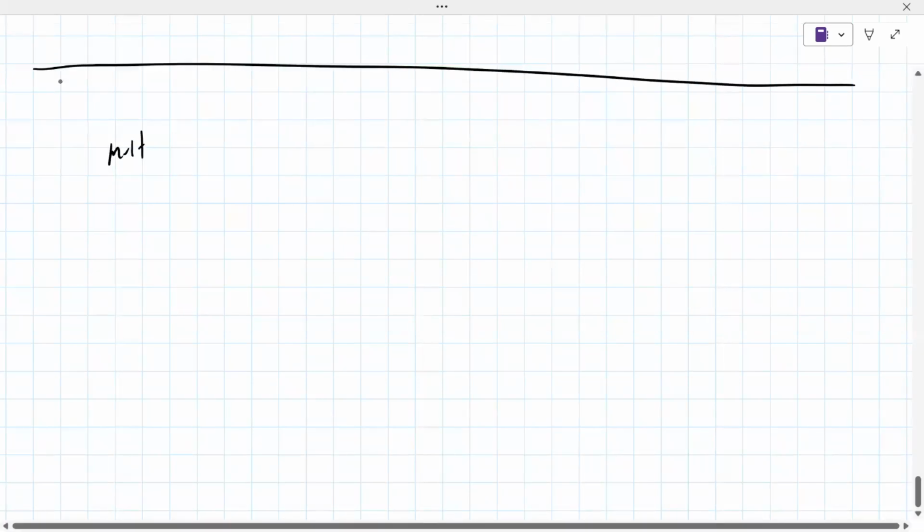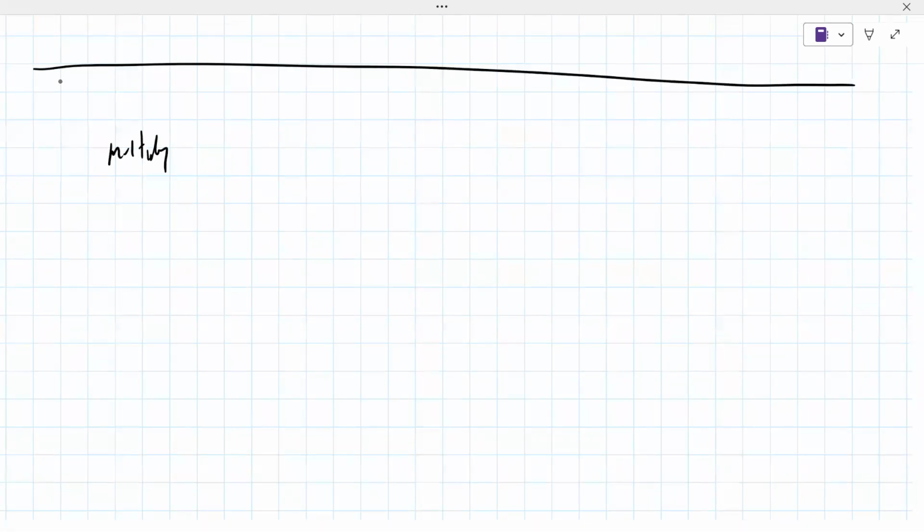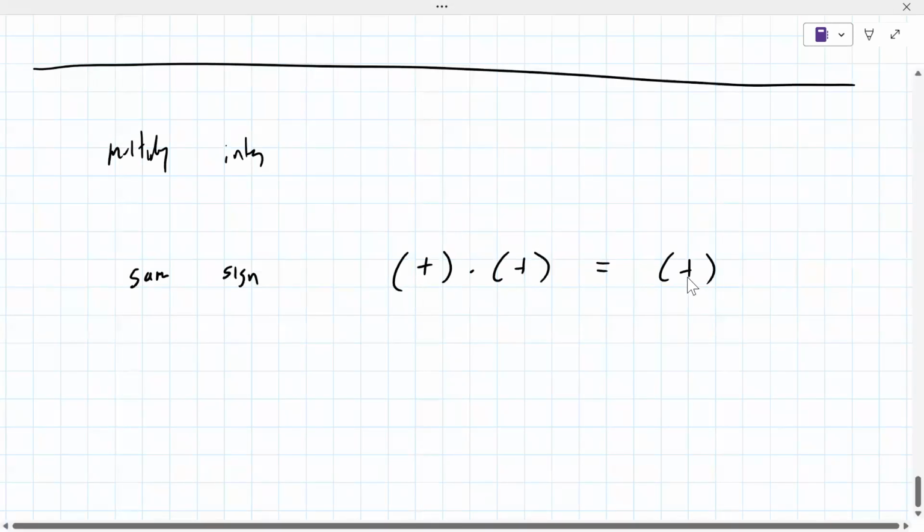So when you multiply integers, you have two cases. There's same sign, which is when you have a positive number times a positive number, you get a positive number. And you already know that, like 4 times 5 is 20.